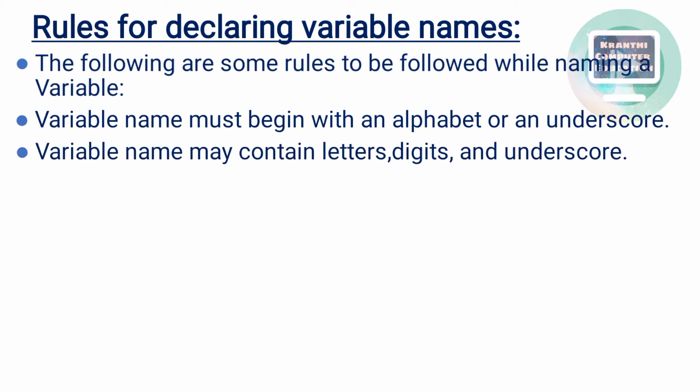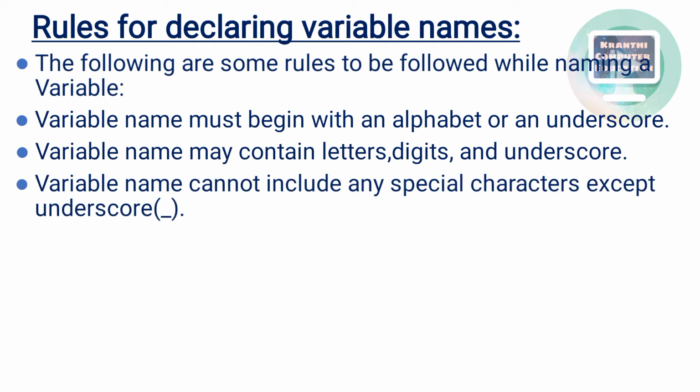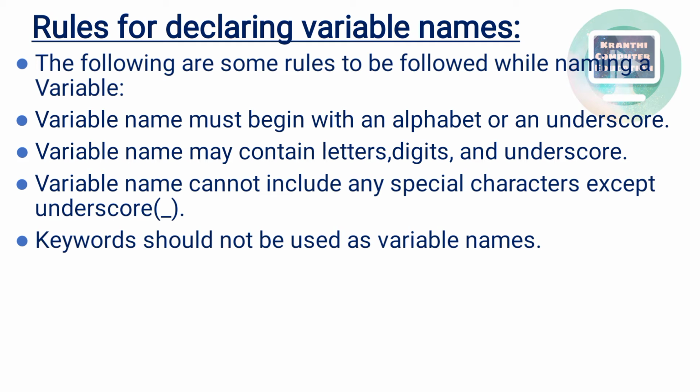A variable name may contain letters, digits and underscores. A variable name cannot include any special characters except underscores. No other symbols are accepted here.